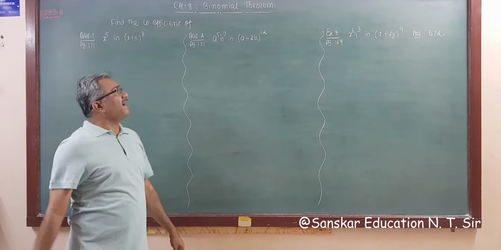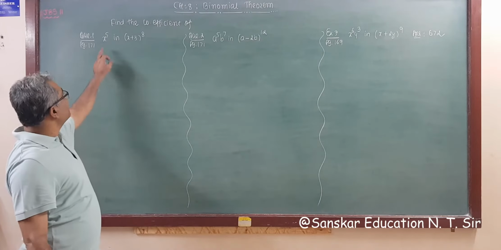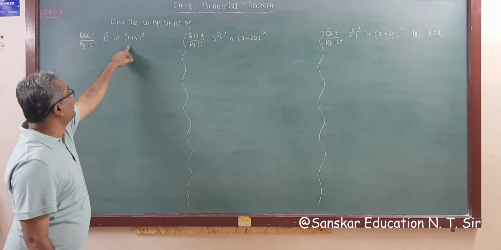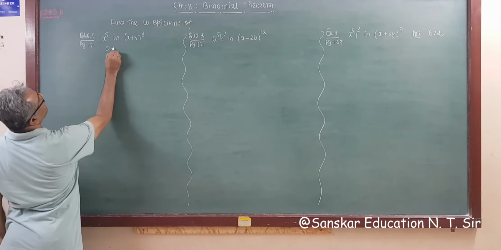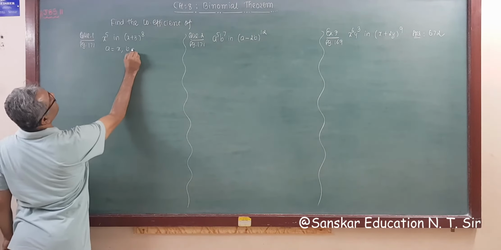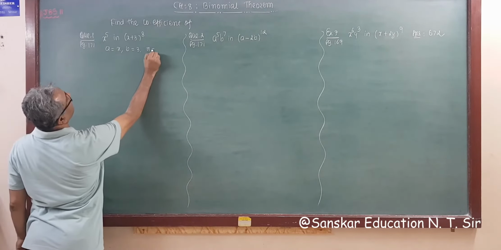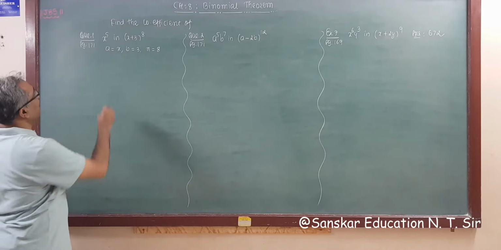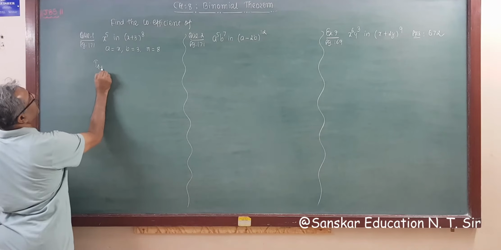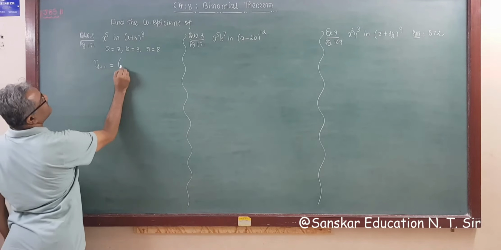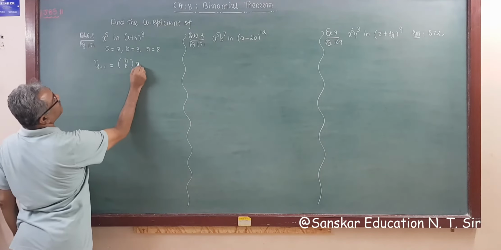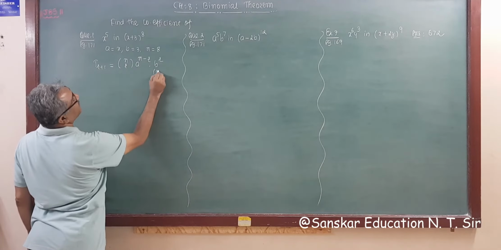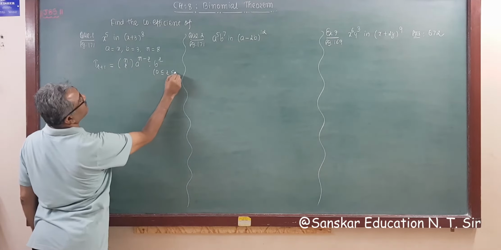Next question is, find the coefficient of x raised to 5 in the expansion of (x plus 3) whole raised to 8. So what is a here? A is x, b is equal to 3, and n is equal to 8. So the general term, as you know, T(r+1) is nCr, a raised to n minus r, b raised to r, where 0 is less than or equal to r is less than or equal to n.